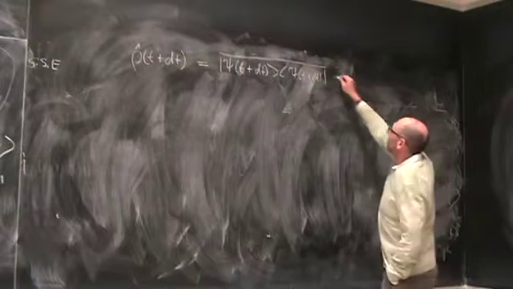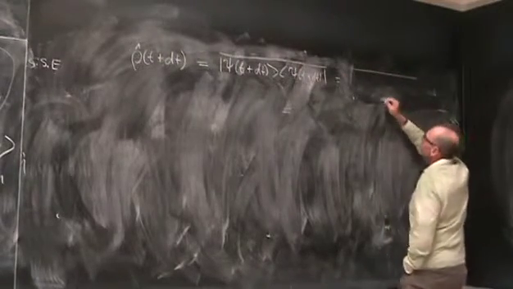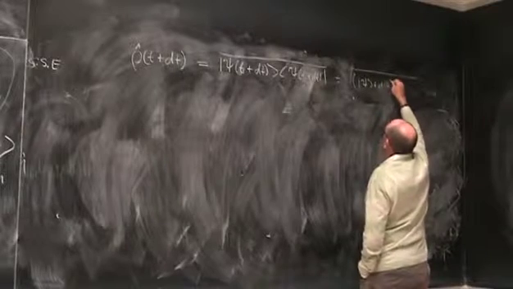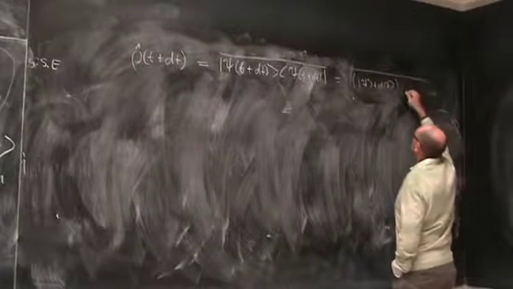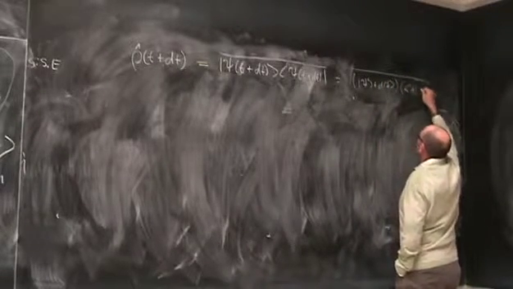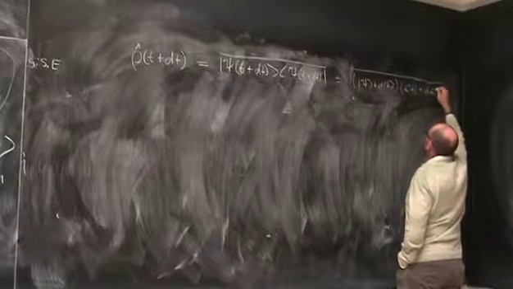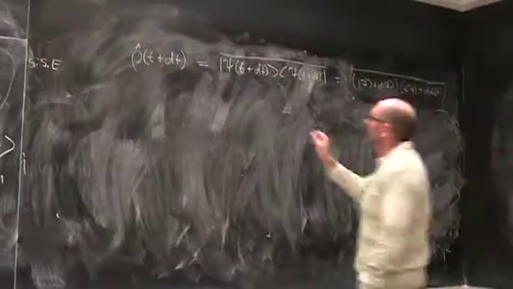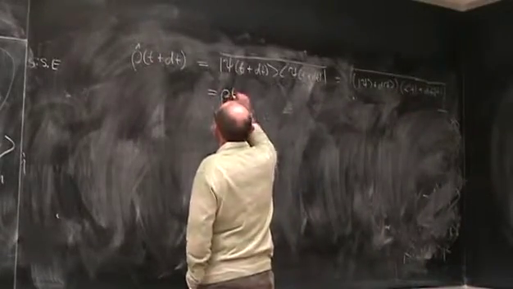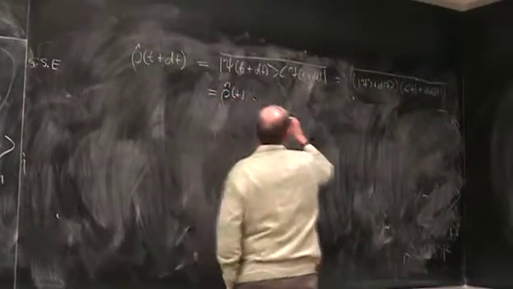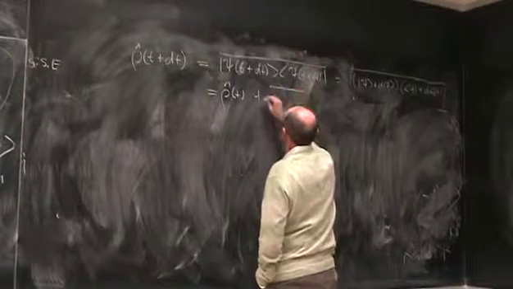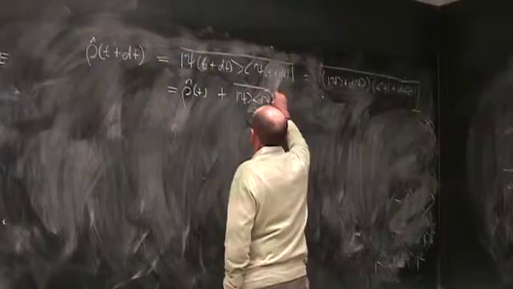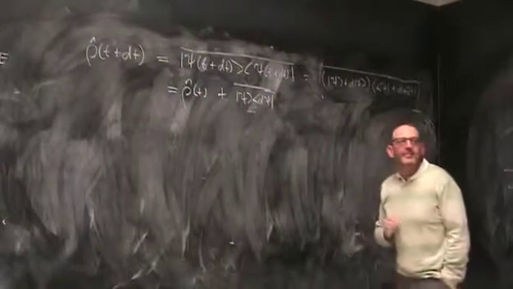Which is equal to rho of t plus the ensemble average of d psi, I'll just put the d inside because it looks better.